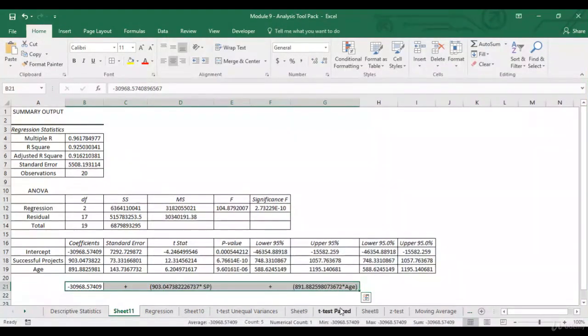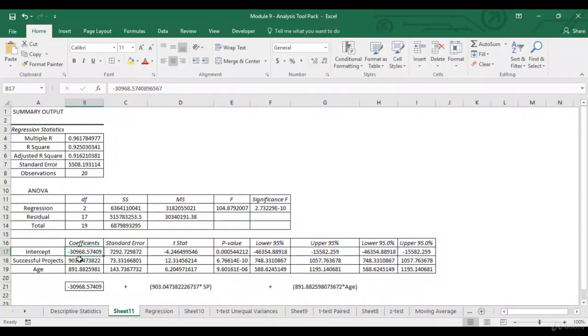So this is our equation. So this is an intercept term over here. This is always going to be constant. Then for each and every successful project, we'll multiply it by 903.04738822. Basically, this is a coefficient for successful projects, and for age, we've got the coefficient as 891.88.